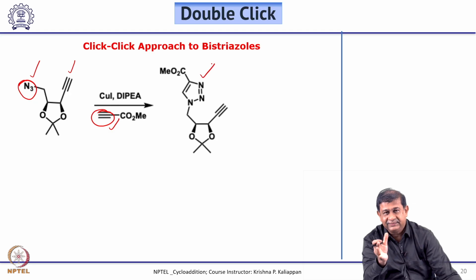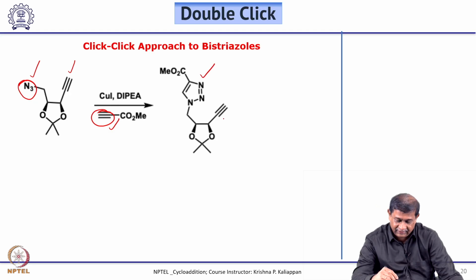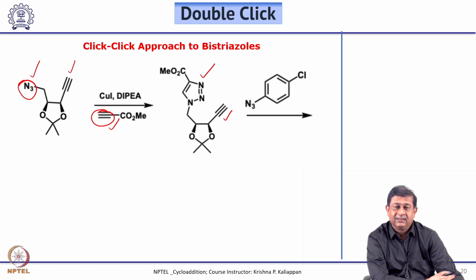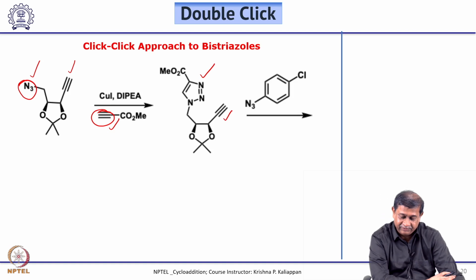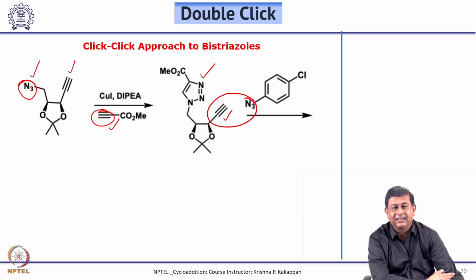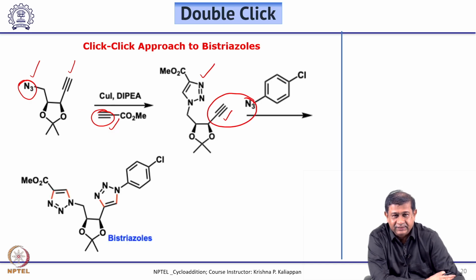Once this reaction is over, now you still have a triple bond. Now what you can do is you can also add another azide. Okay. So now when you add an external azide, this external azide and this triple bond under the same condition can undergo one more 1,3-dipolar cycloaddition to get this bis triazole.